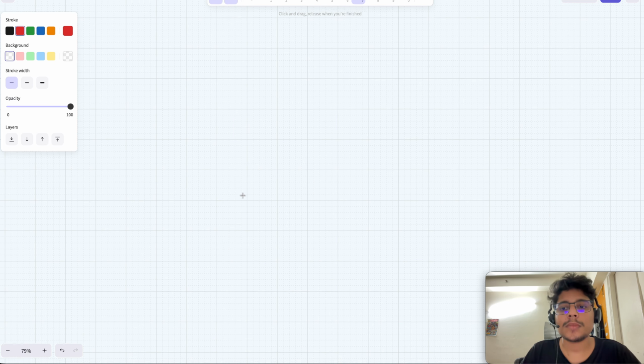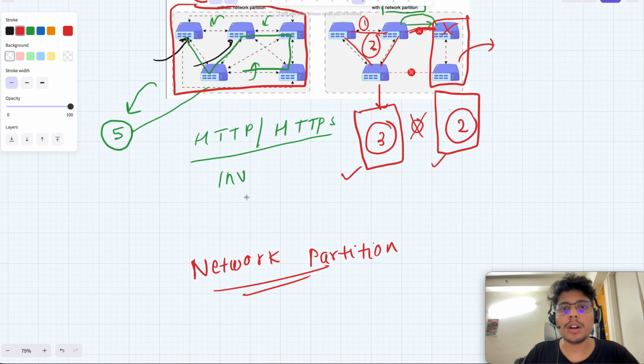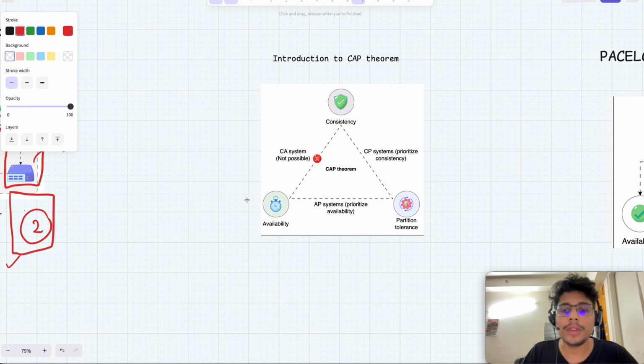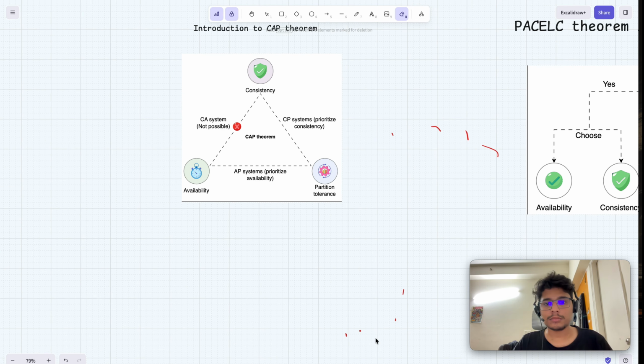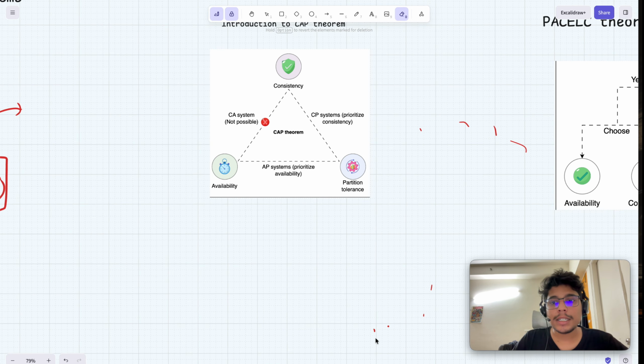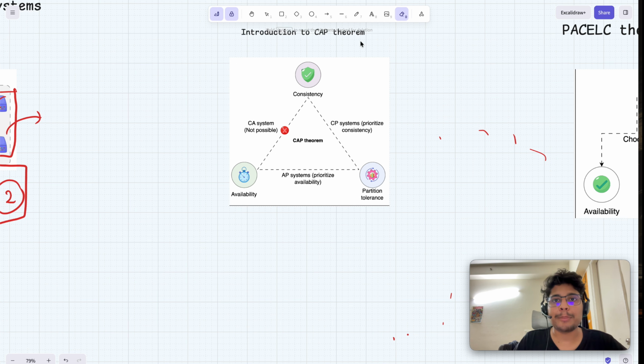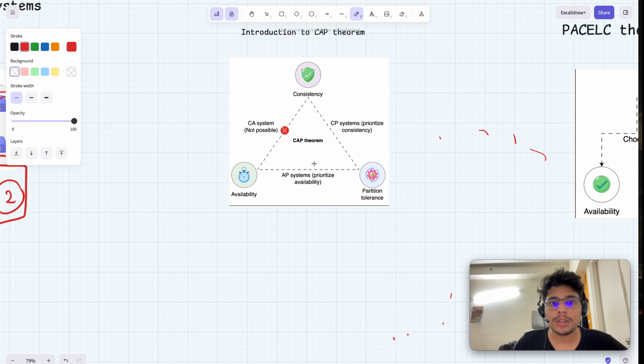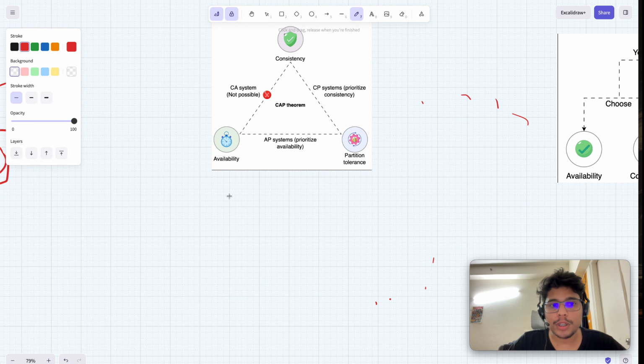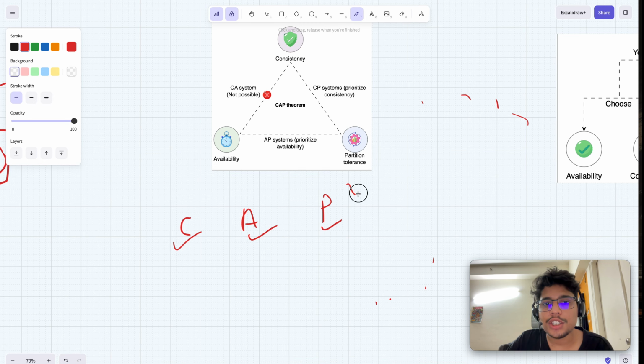So let's understand the concept of the CAP theorem. What is suggested by the CAP theorem? CAP stands for three things: C means consistency, A for availability, and P for partition tolerance.